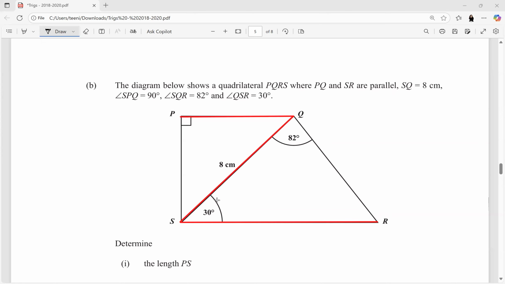Therefore, this angle of 30 degrees is going to be equal to this angle over here, since they will be alternate interior angles. So you look for the Z shape where these two lines are parallel and this line is the transversal in the middle. So that means that angle up there is 30 degrees over here.